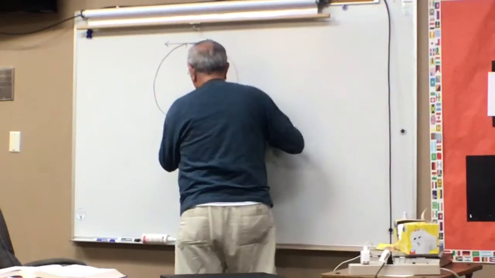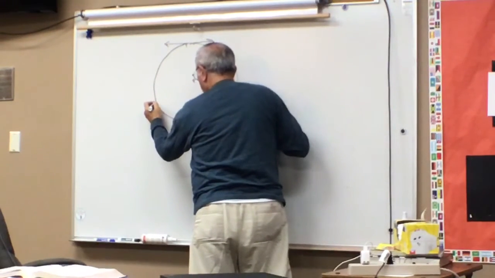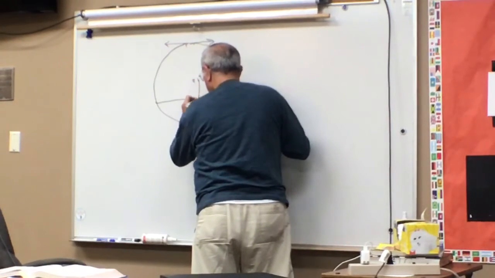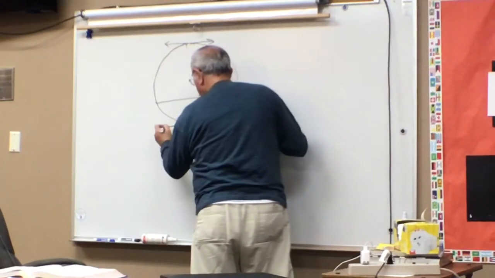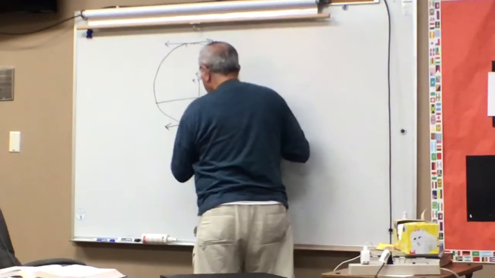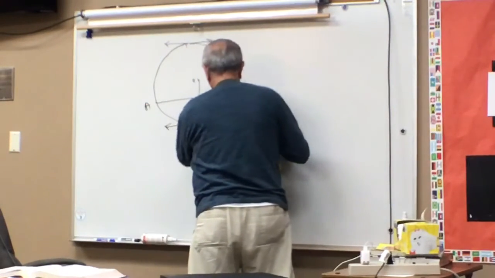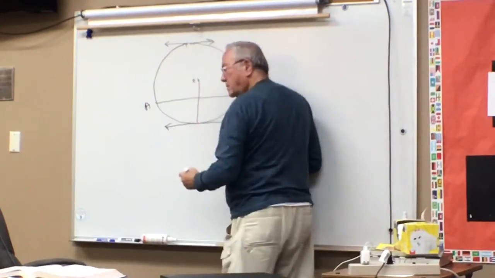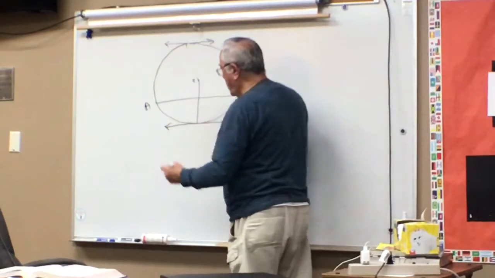So now I'm going to draw a chord right here, and I'm going to reverse this. So here's my chord. My chord is AB. All right? So what this does is it divides these things into equal parts.